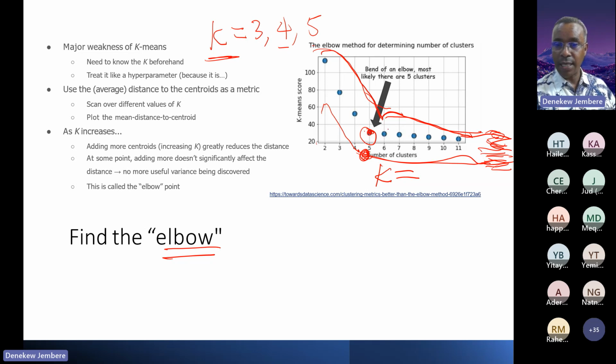If variability doesn't change anymore after a certain point, the value that you have at that point is the correct number of clusters. We started with K equal to 2 and went all the way to K equal to 11, but K equal to 5 is the correct number of clusters. So this technique is called the elbow technique. It's important to note what the correct value of K is.